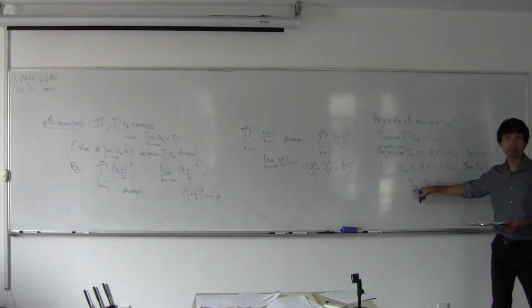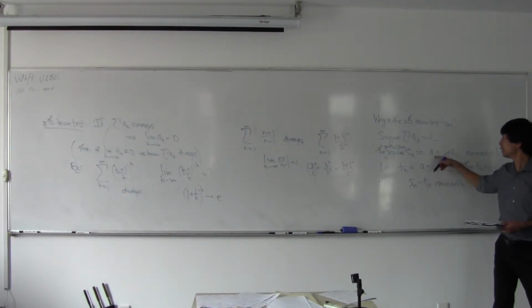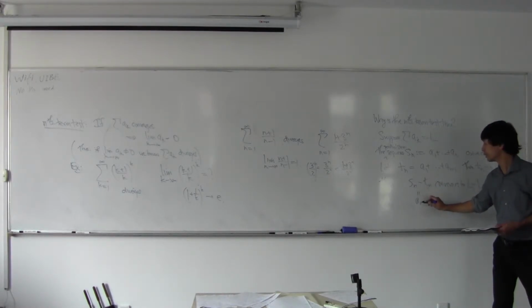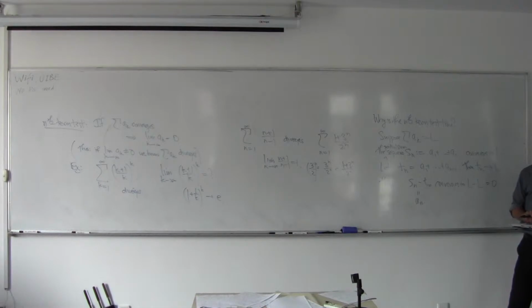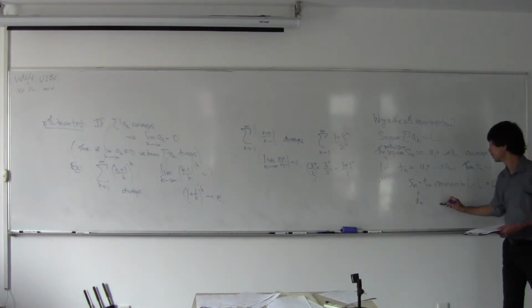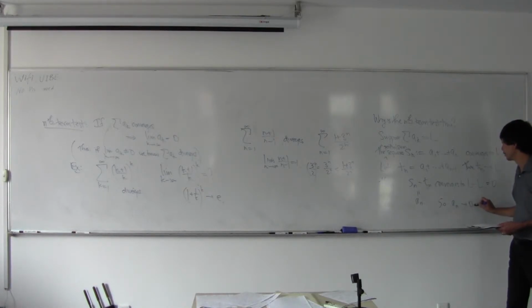What's S sub n minus T sub n? Well, that's a sub n. And so a sub n converges to 0.